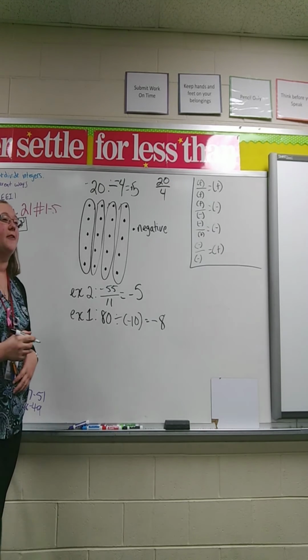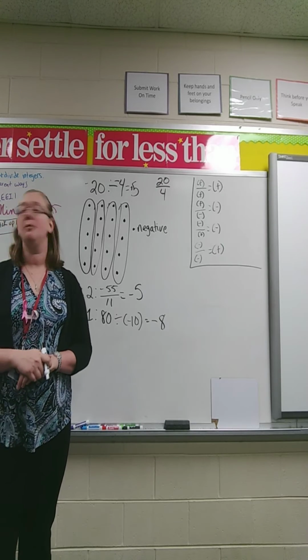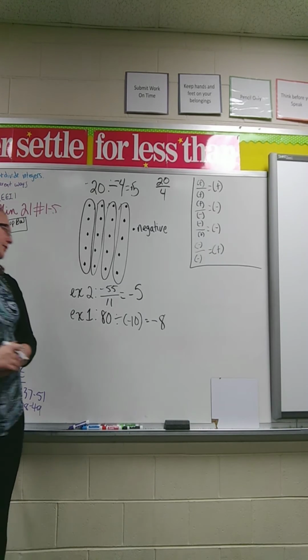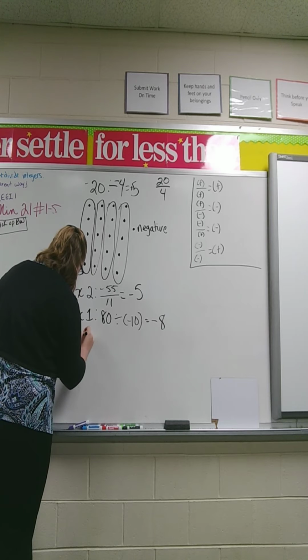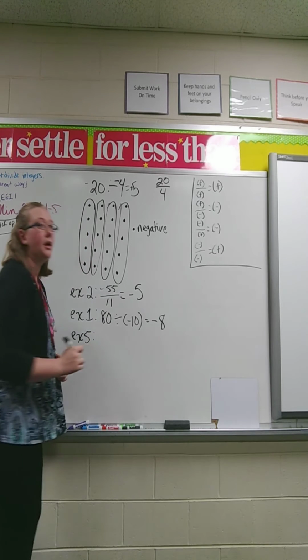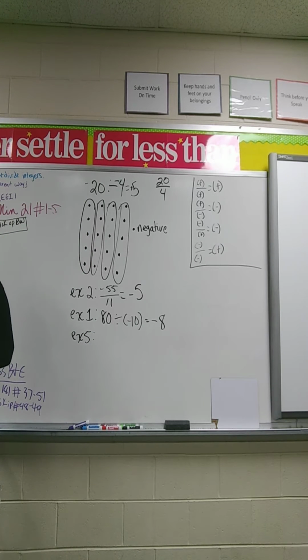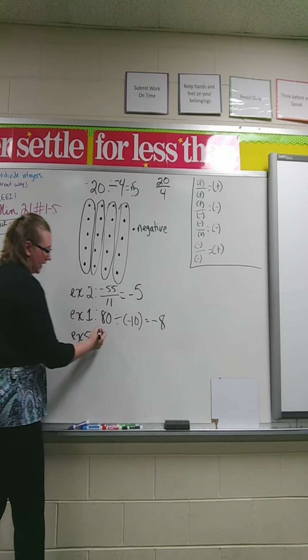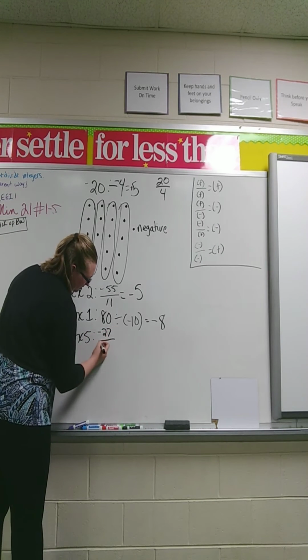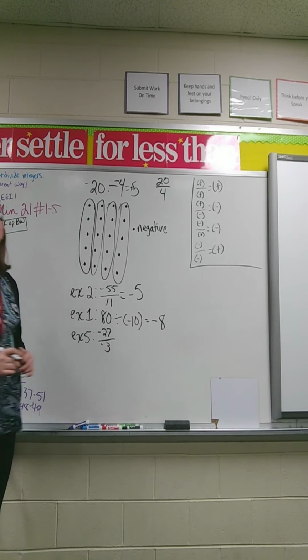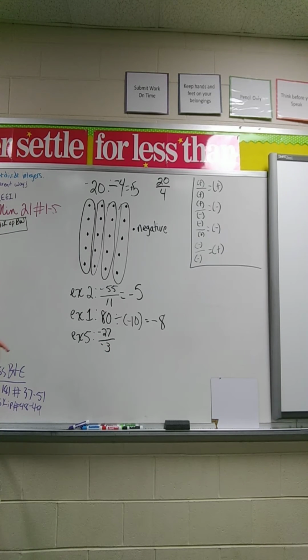Let's look at example 5 on page 245. Example 5 says negative 27 divided by negative 3. If we have a negative divided by a negative, that means that our answer is going to be what sign? Positive.